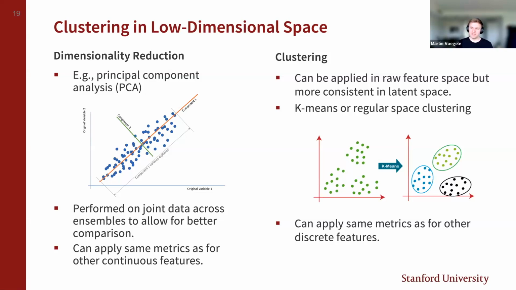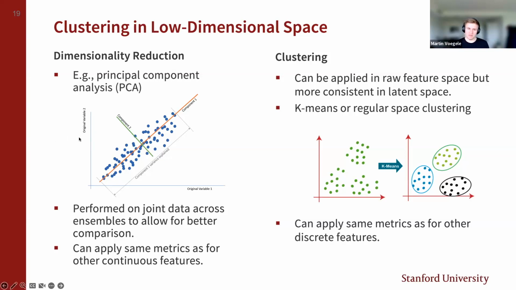An important thing here is that if we want to find the differences between two or more ensembles, we have to perform this on the joint data across all ensembles. So we have to pool all the data from our simulations and run the dimensionality reduction on those. That is something that in many analysis packages is quite tedious, but we have written some functions that do that automatically.